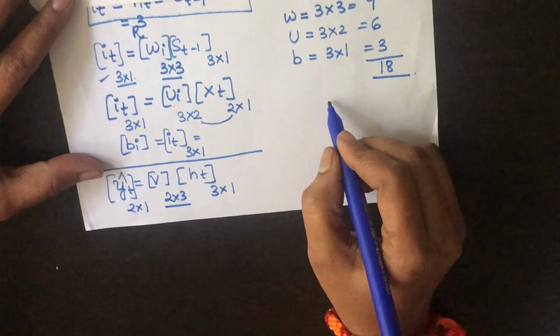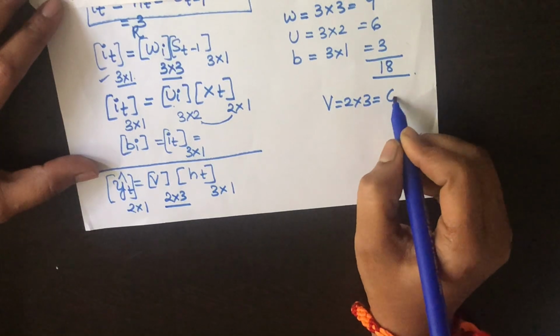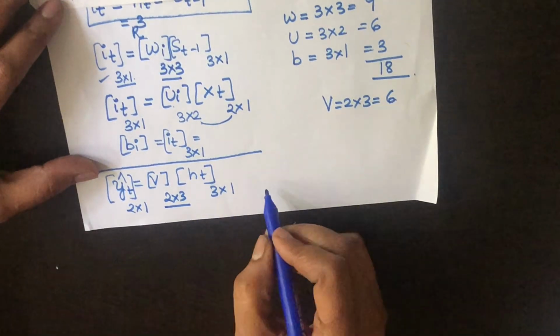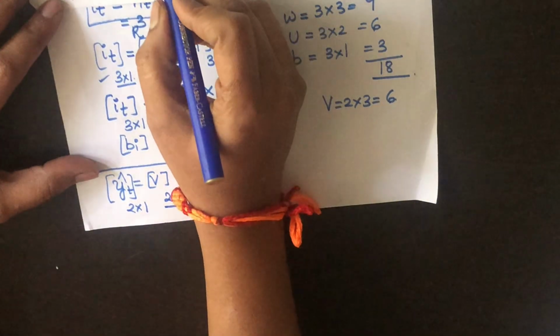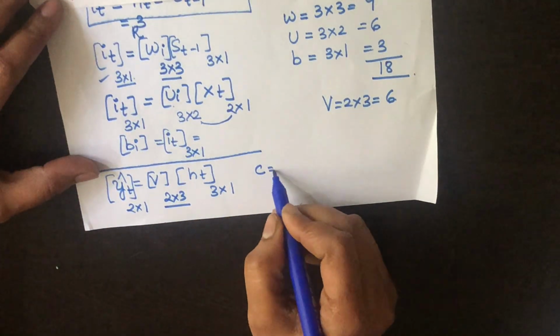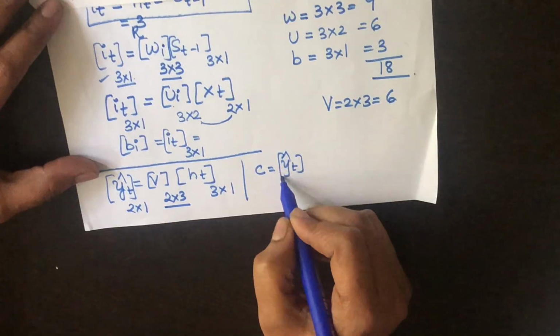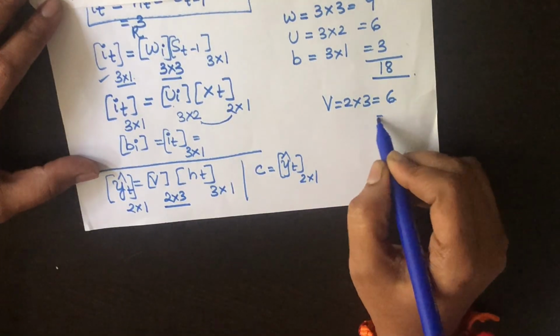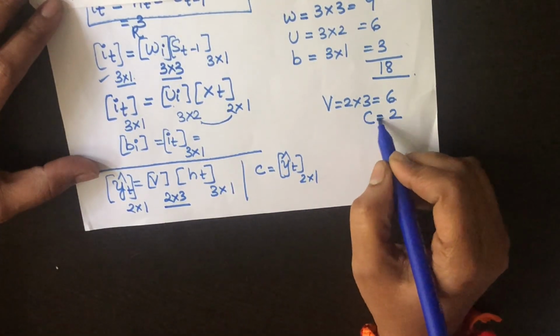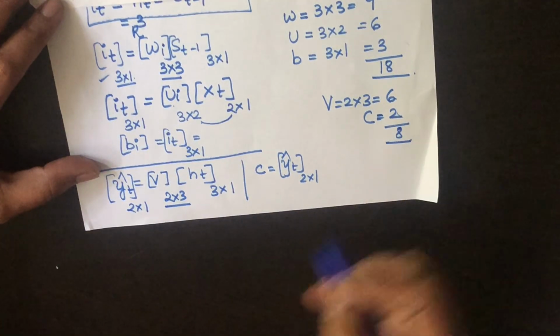So the parameters of V equal 2 cross 3, that equals 6. And c has the same dimension as y hat t, that is 2 cross 1, that equals 2. So total 8.